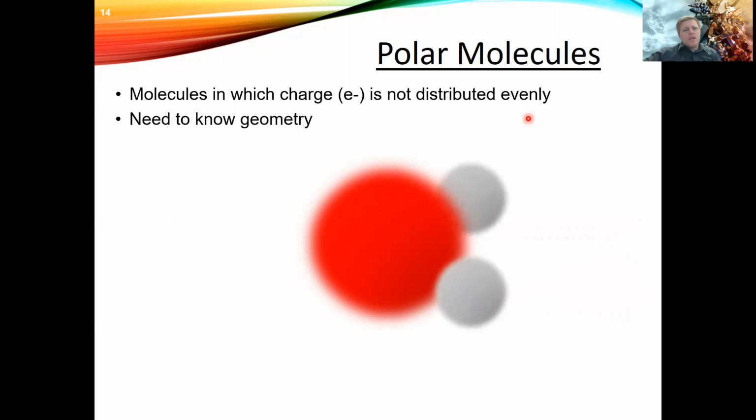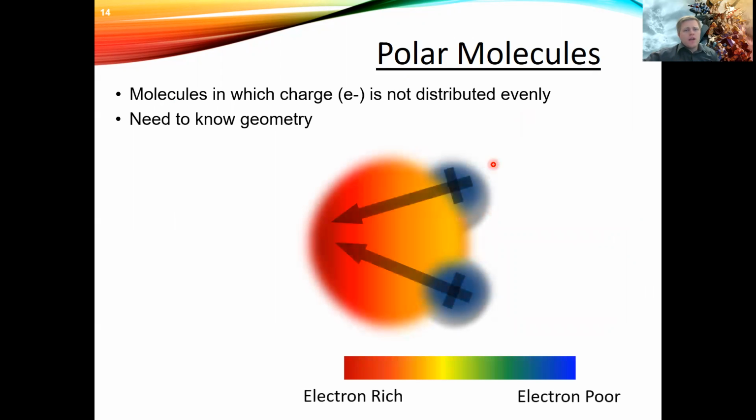If I have this water molecule, we're going to have these dipole bonds or polar covalent bonds. We're going to have a partial positive on our hydrogens and a partial negative on our oxygen. This is all stuff we've said before, and it's just because oxygen is more electronegative than hydrogen.